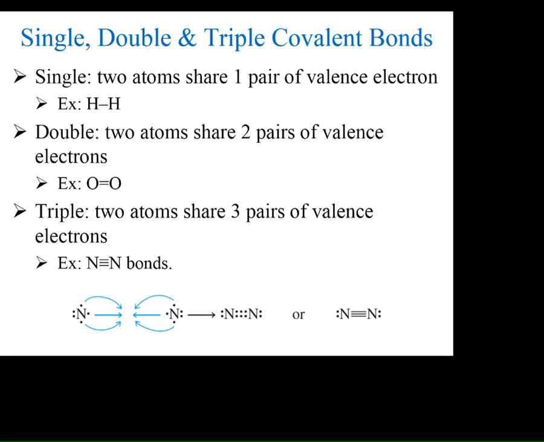So again, 3 bonding pairs, or I could write this as 3 lines, which means the same thing. It's called a triple bond because there are 3 shared pairs of electrons. Every line is 2 shared electrons, so that's 2, 4, 6 electrons being shared. Got that?